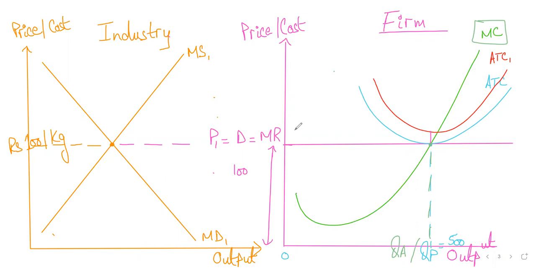If the ATC is higher than the demand curve, then the cost of producing that product will be higher than the price at which you're selling. Therefore, obviously, it's not a profit, it's a loss. Easy.